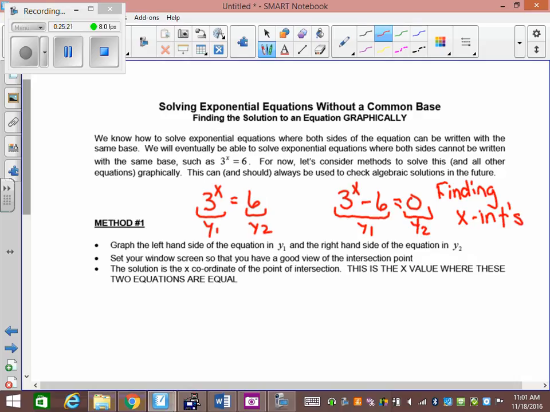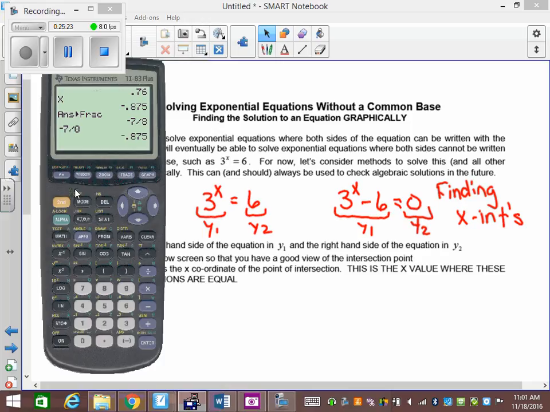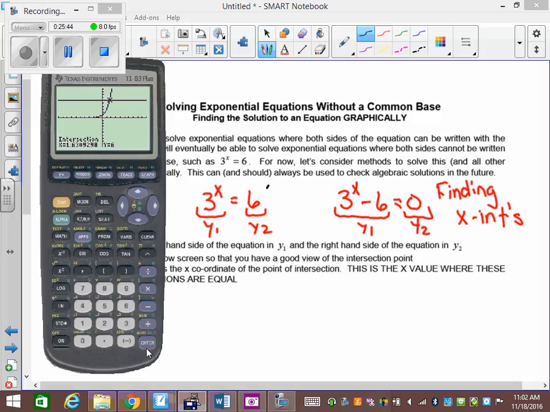Okay? So 3 to the x, 6. Second trace 5, enter, enter, enter. So for this one, I get 1.63, right?